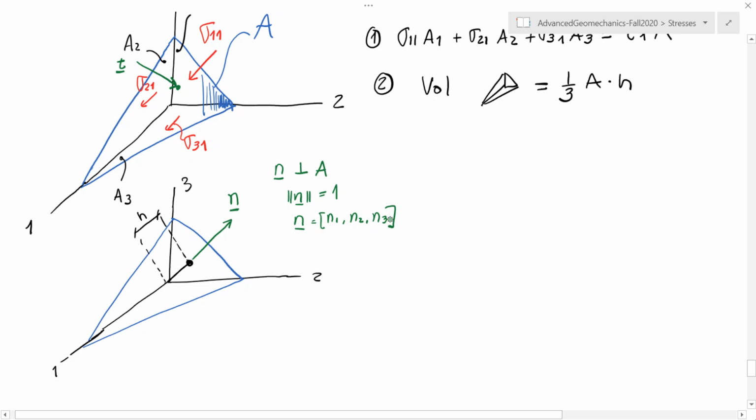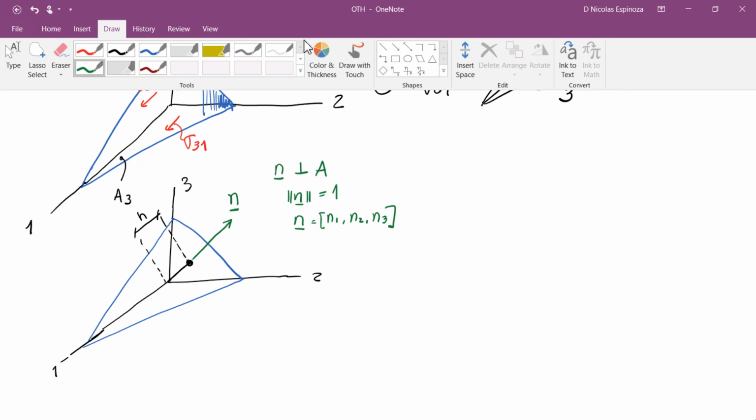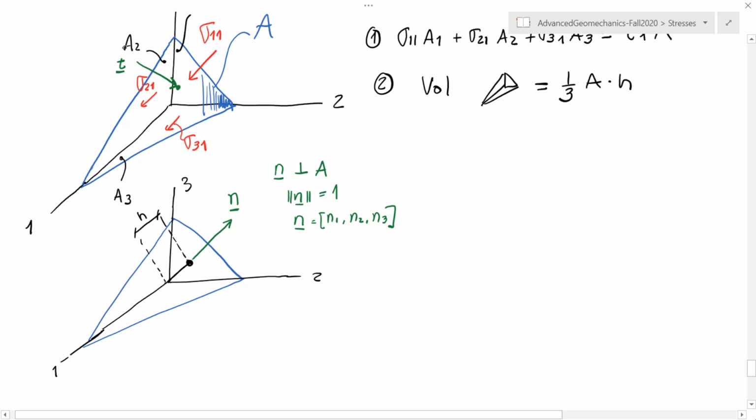All right, let's follow with the equation that we had on the right. This equation for the volume is valid for any base and height that we choose. So for example, I could repeat this equation, writing it in terms of the base of the area number 1.